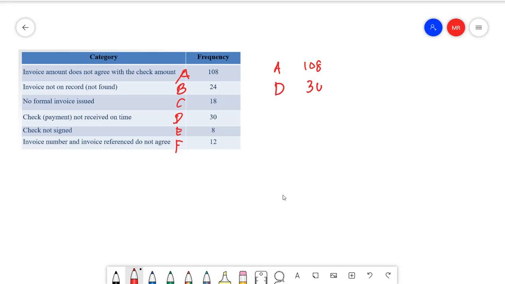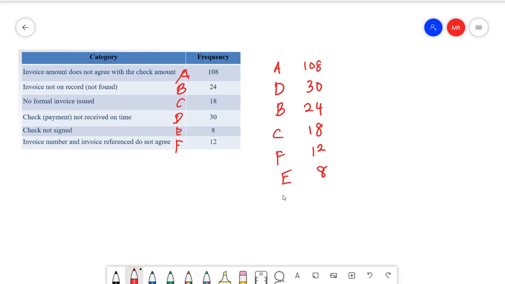D, 30, then B, 24, C, 18, then F, we have 12, then finally E, 8.